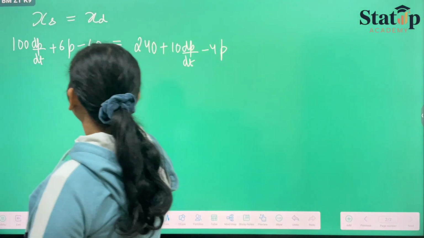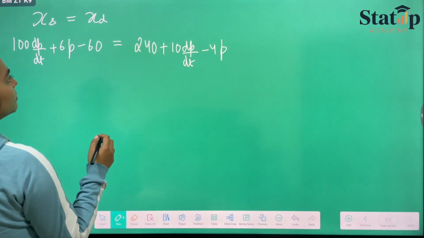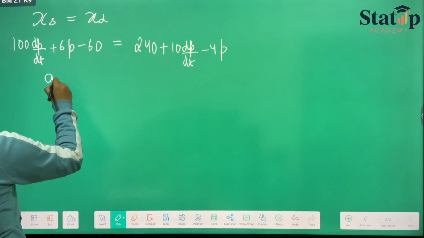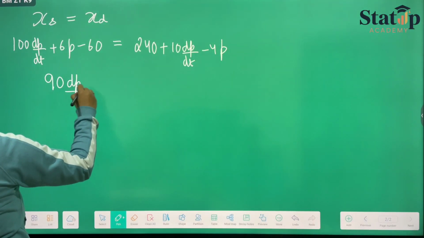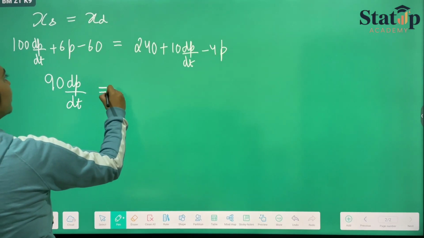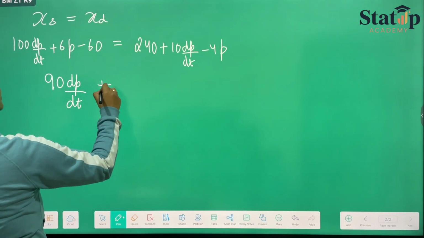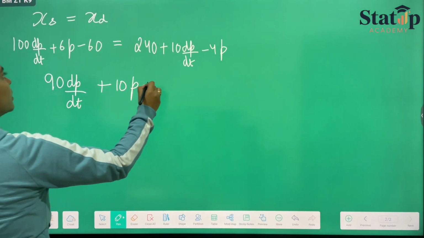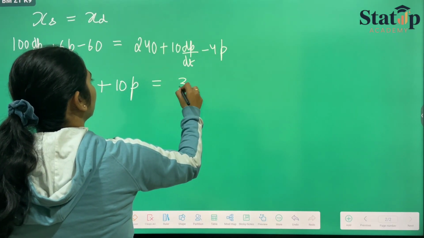So taking the terms to one side, we will be getting 90 dp by dt plus 10p equals 300.